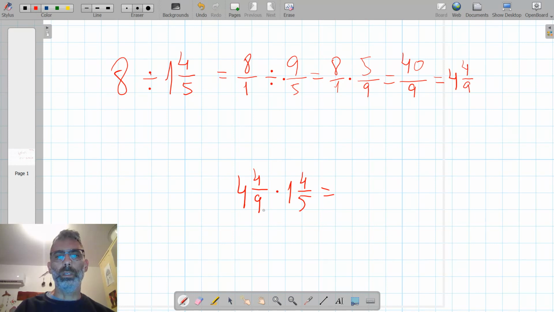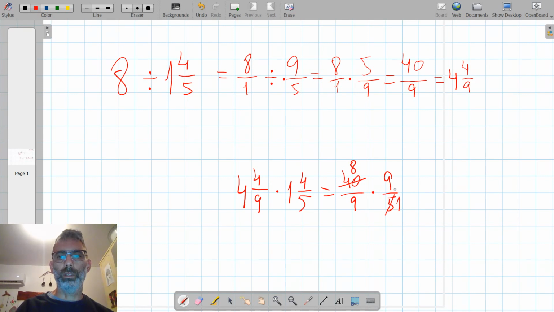Okay, so let's turn this into an improper fraction. 9 times 4 is 36, plus 4 is 40 over 9, times 5 times 1 is 5, plus 4 is 9 over 5. Okay, so this can be simplified. 40 divided by 5 is 8. 5 divided by 5 is 1.